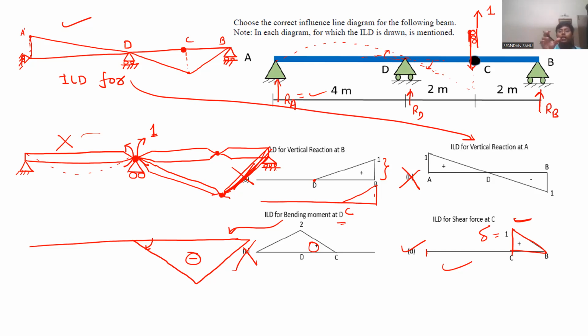Then you see, when your unit load is moving between D and C, you will get VC as 0.